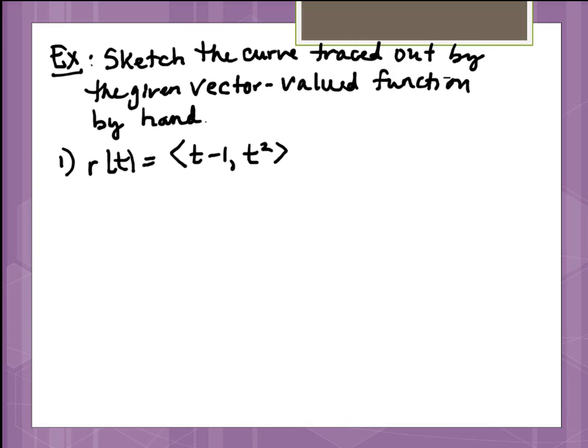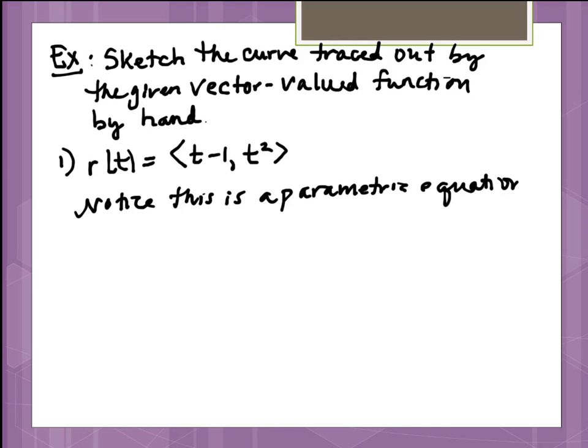All right, so as we're taking a look at this, it's actually just a parametric equation. So notice this is a parametric equation, with the x component equal to t minus 1 and the y component equal to t squared.